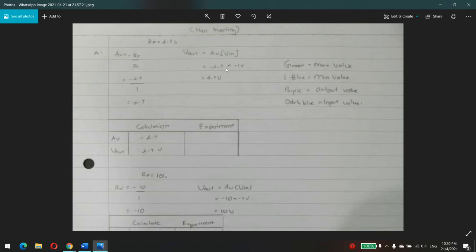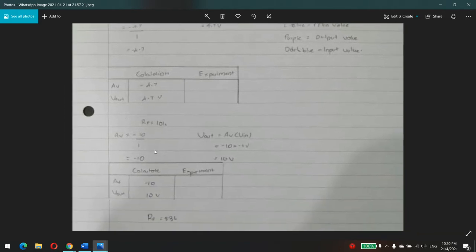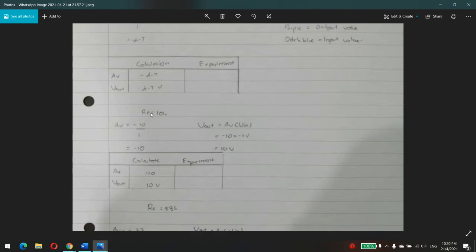So for negative 4.7 we only get AV, times negative 1, the value is 4.7. It's the same: AV and V out, just that AV is negative and V out is positive. Now for 10k, same as the previous formula, AV equals negative 10 over 1, V out equals AV times V in.